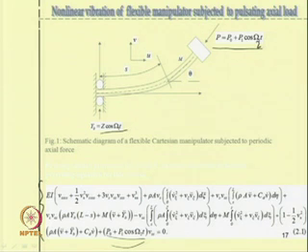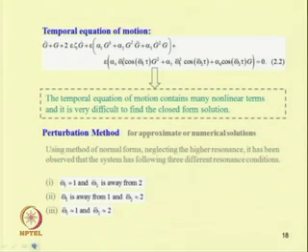It may be noted that in these cases we are considering only single mode discretization in the Galerkin method. So, our spatio-temporal equation reduces to this temporal equation. In addition to the linear terms, there are the cubic, geometric and inertial nonlinear terms.